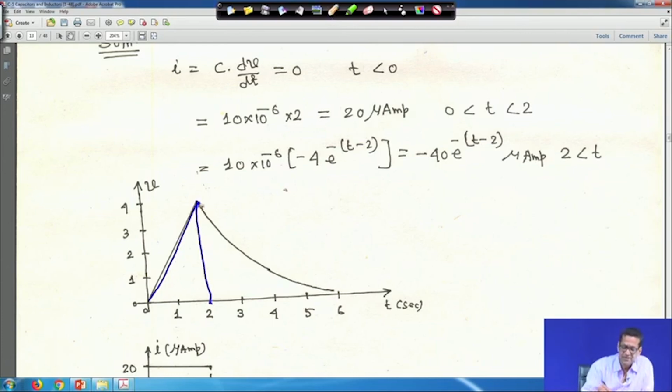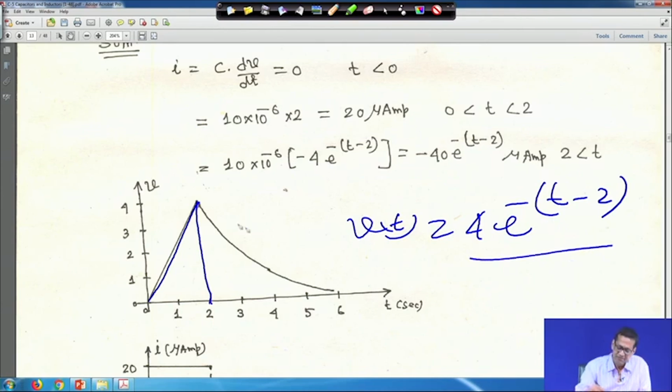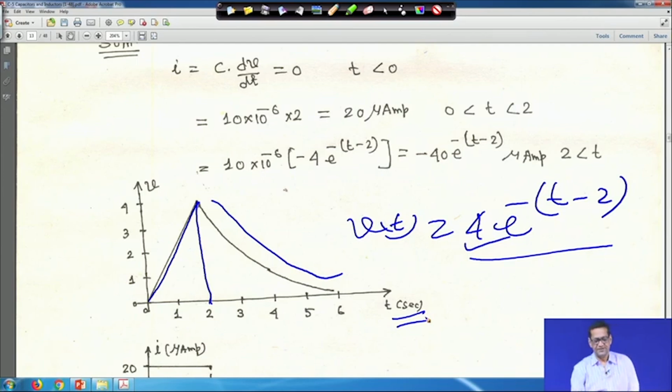It is V(t) equal to 2t between 0 and 2, and when t is greater than 2, V(t) was given as 4 e to the power minus (t minus 2). This is the plot of V(t) given in the problem, where t is in seconds.